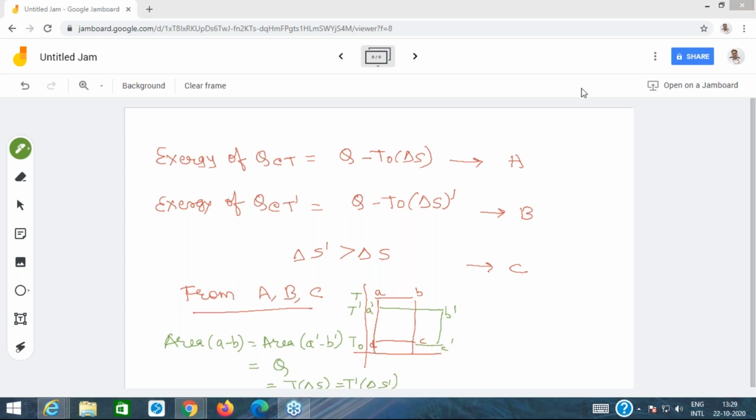Okay. So what is now the area A dash, B dash, C dash, D?